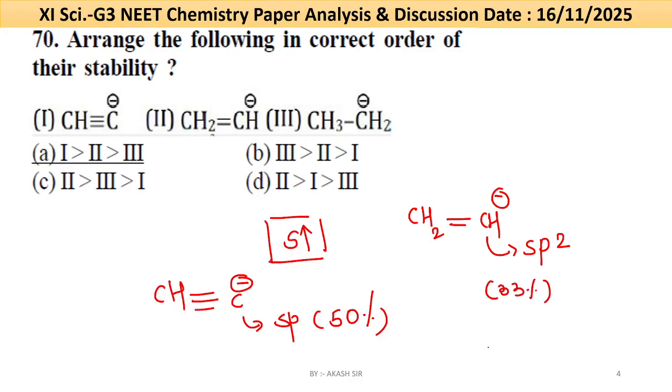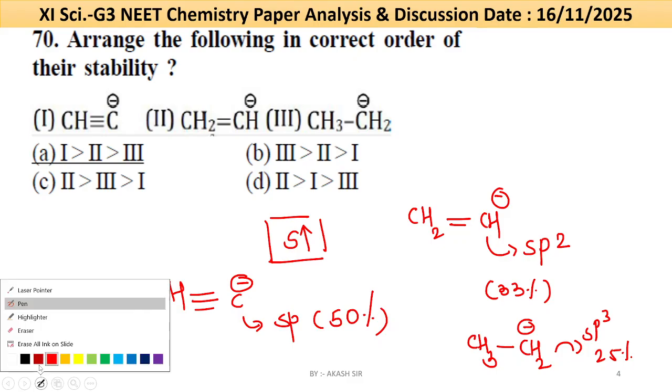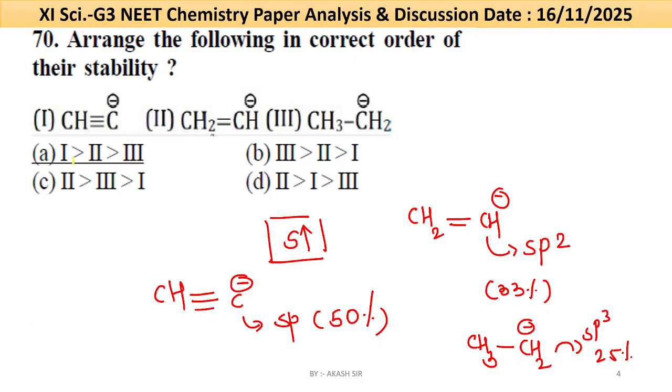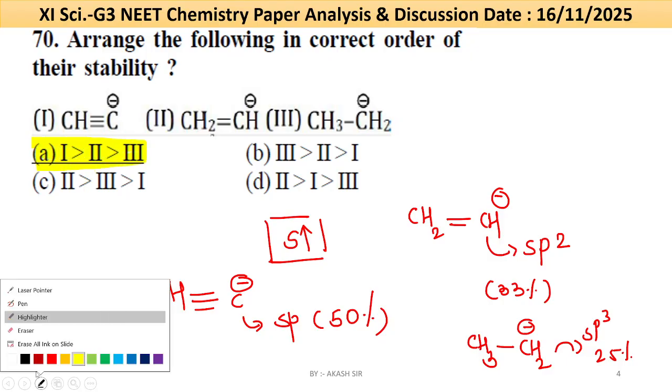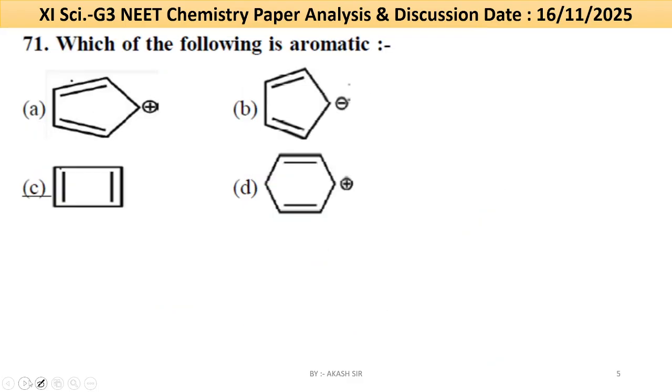And lastly CH3 bond CH2 negative: this carbon atom is sp3 hybridized and S character is 25%. So here the stability order is 1 is greater than 2, and 2 is greater than 3. Just simple. Okay, now move towards question number 71.